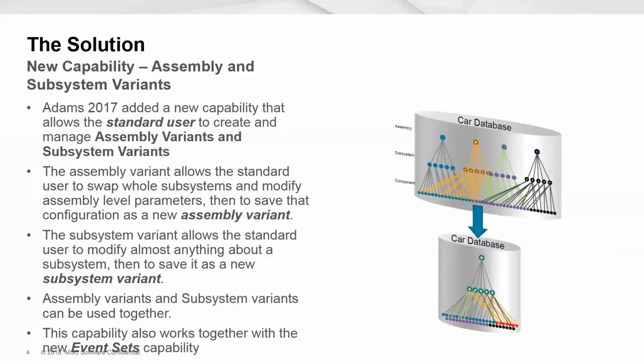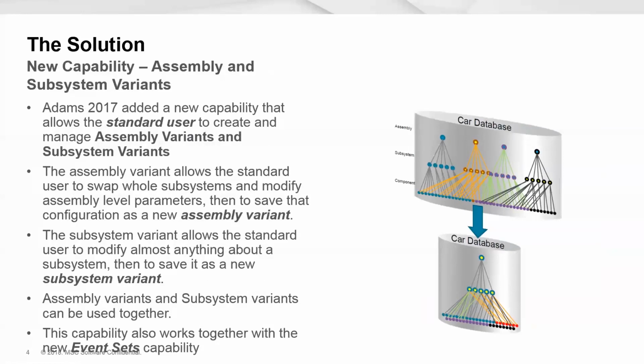There's a new capability in Adams Car called assembly variants and subsystem variants. It was actually added back in Adams 2017, and it allows the standard user, who is not using the template, to create and manage variants of assemblies and variants of subsystems.